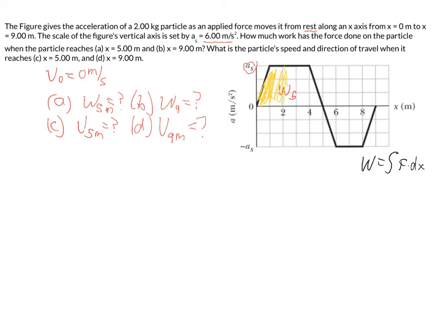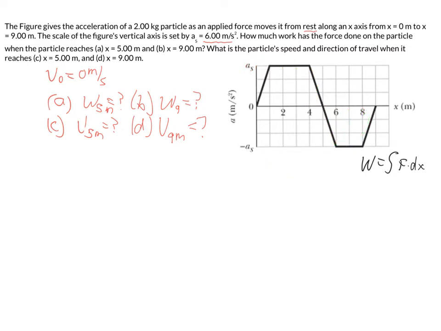This whole thing here is going to be the work done in 5 meters, and then the work done in 9 meters is going to be all of this and all of this area together. All right, so that's what we're looking at here. Now I want to erase all of that so that I can use this drawing some more, but anyway, that's the work that we're talking about.